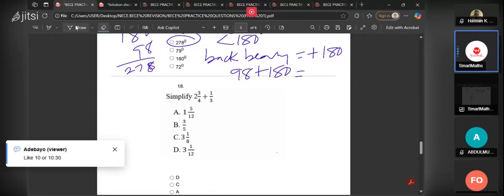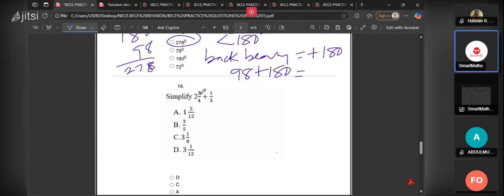So question 18: simplify 2 whole number 3 over 4 plus 1 over 3. To simplify this, you can change it to an improper fraction. You multiply 2 by 4, that is 8, 8 plus 3 is 11. That's 11 over 4, plus 1 over 3.